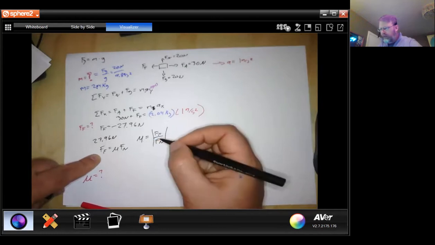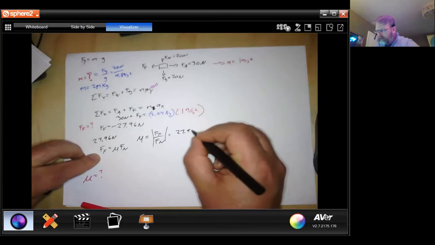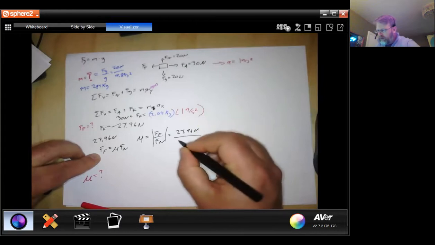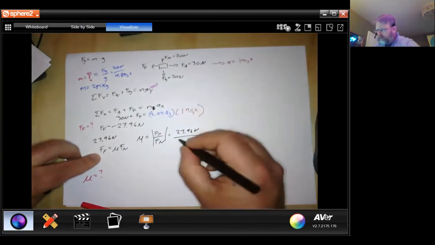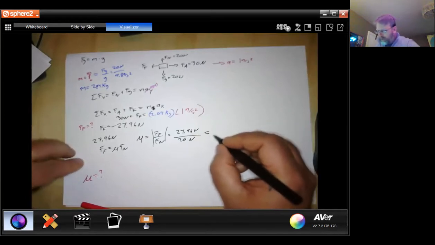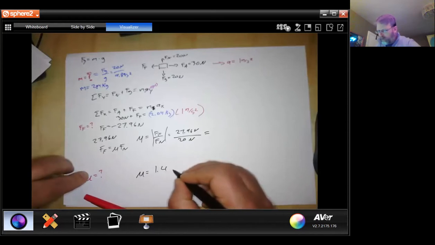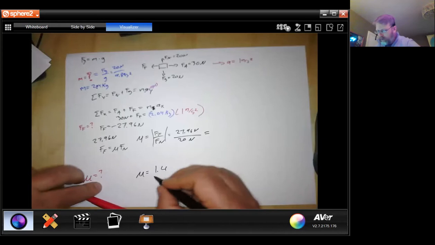Your coefficient is always a positive number. So we had our 27.96 newtons over our normal force, 20 newtons, which gives us mu equals 1.4, and that has no units, remember.